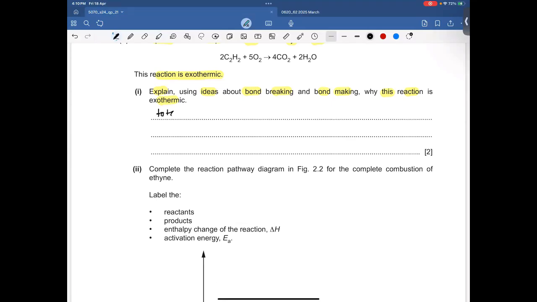Total energy absorbed in bond breaking is low.